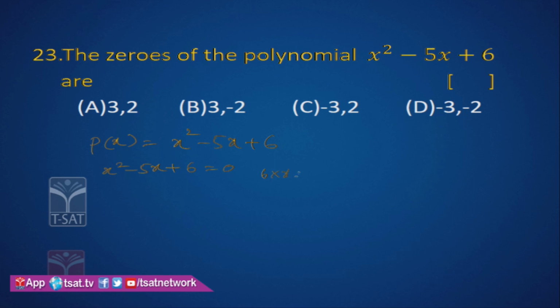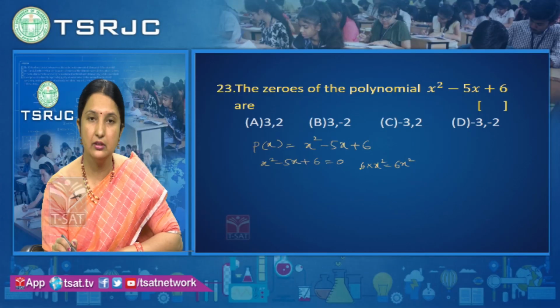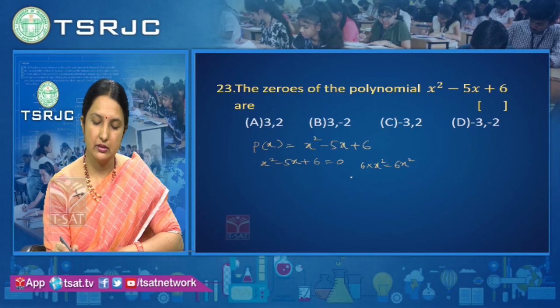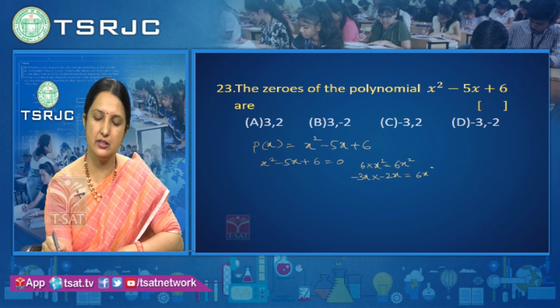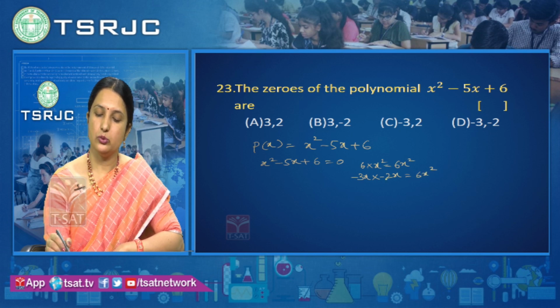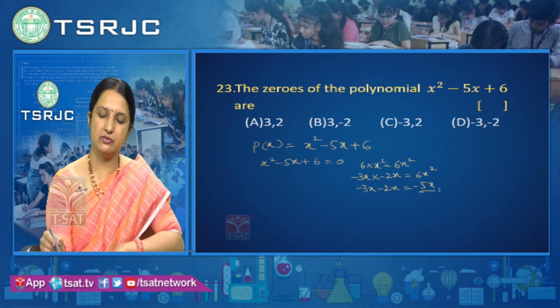6 into x square. When you answer, your time should be saved, and along with that, the answer should also come out correct. Minus 3x into minus 2x equals, minus into minus plus, 3 2s 6, x into x square. Minus 3x minus 2x, when you add, what you will get? Minus 5x, the middle term.